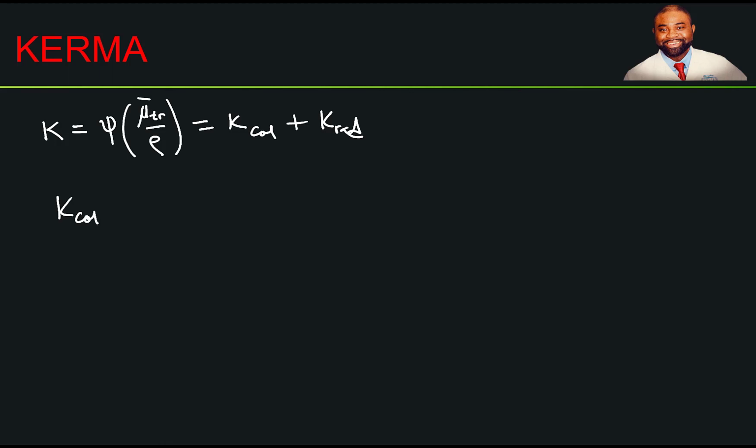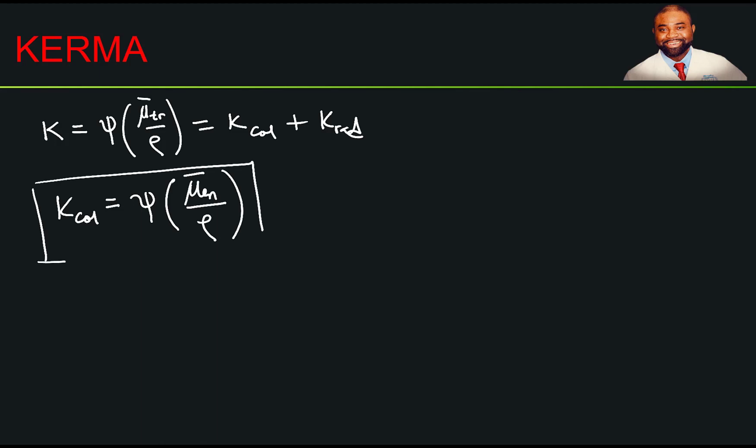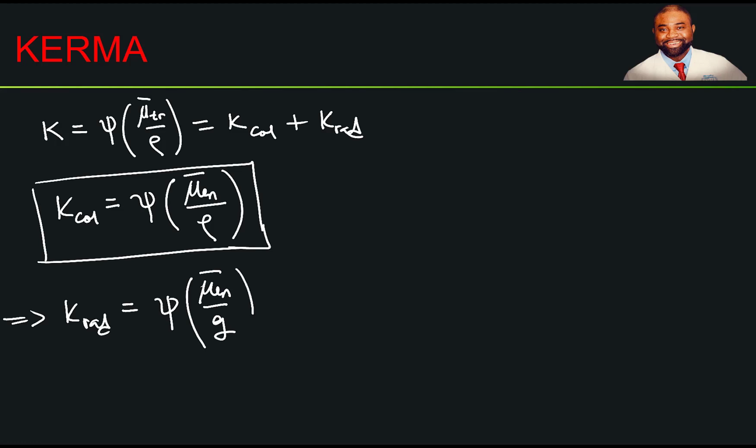The collision KERMA is equal to the energy fluence multiplied by the average mass absorption coefficient of that particular medium, which implies that the radiative KERMA is equal to the energy fluence multiplied by the average mass absorption coefficient of that medium multiplied by g bar divided by 1 minus g bar, where this constant is a factor that gives us the fraction of the energy lost due to radiative processes.